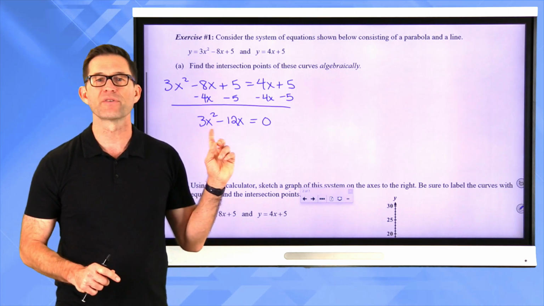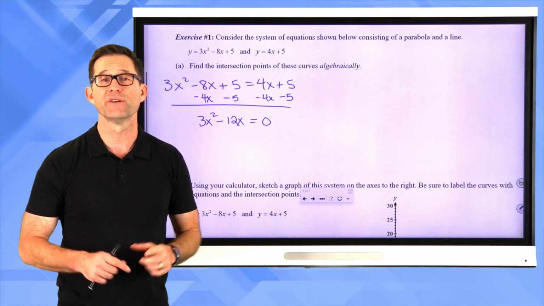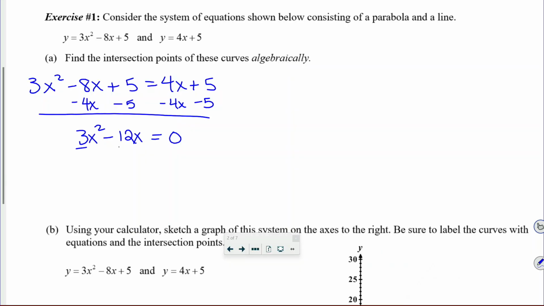But 3 is not a perfect square, 12 is not a perfect square, x to the first isn't a perfect square. This is just GCF factoring. And in fact, we see that each one of these two numbers is divisible by 3, and since this has an x squared and this has an x to the first, we can factor out a 3x. That's going to leave me with an x minus 4 inside of the parentheses.